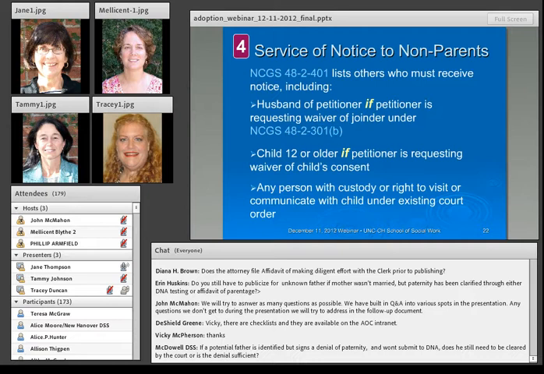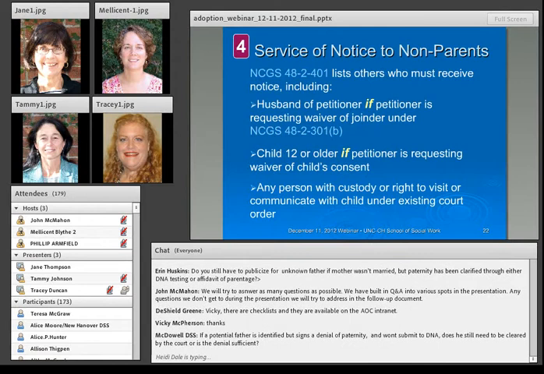Also, we need to give notice to a child 12 or older if the petitioner is requesting waiver of the child's consent. Again, that is generally limited to situations where the child, because of a mental or physical disability, is unable to give consent, or perhaps doesn't want to be responsible for giving consent, feels very conflicted about actually signing it, feels disloyal but wants to be adopted, and is happy with that waiver.